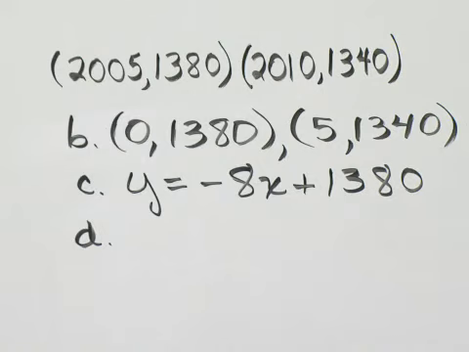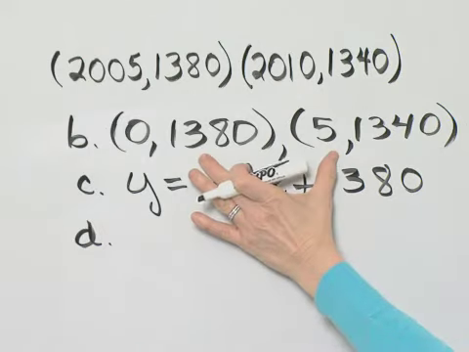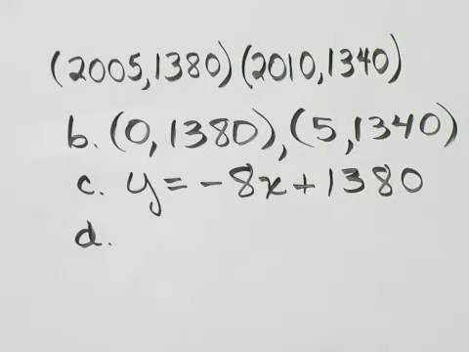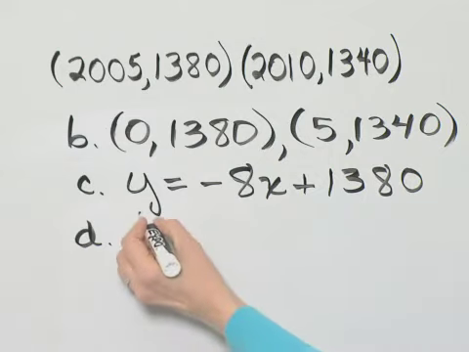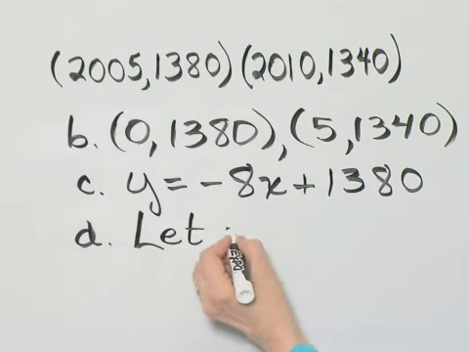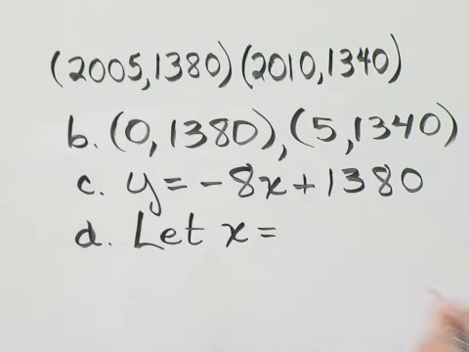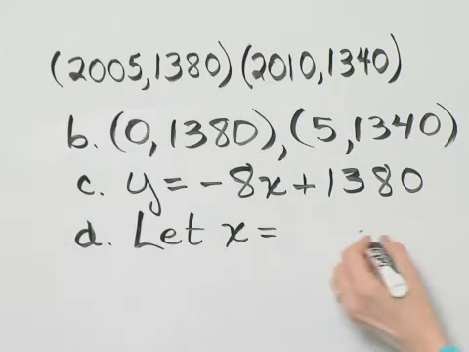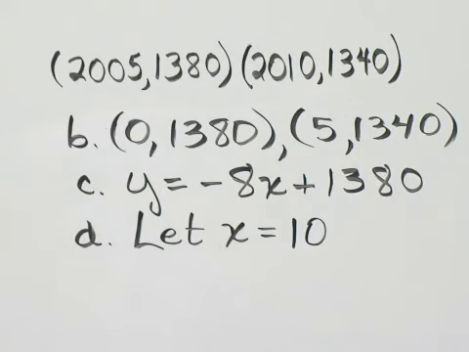Now remember how we used these ordered pairs: number of years past 2005. So what do we let x be? We let x be the number of years past 2005, so we'll let x be 10 since we are interested in the year 2015. And then here we go.